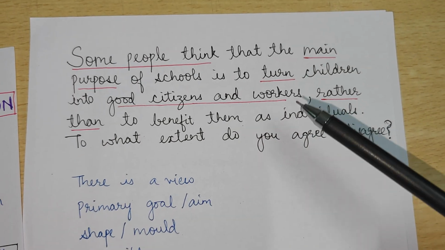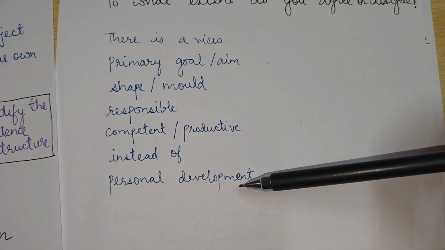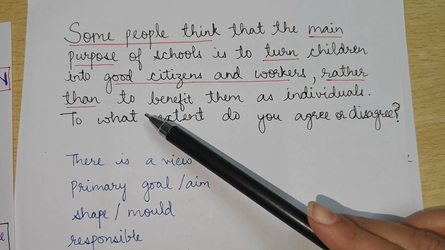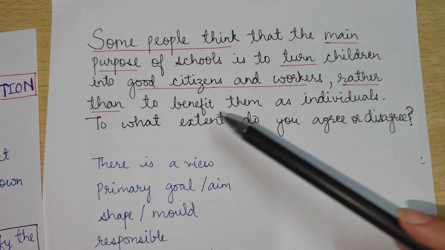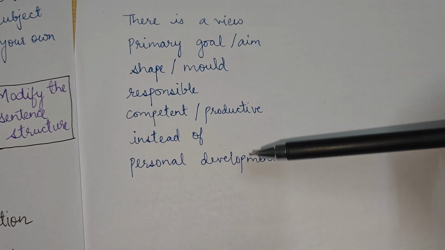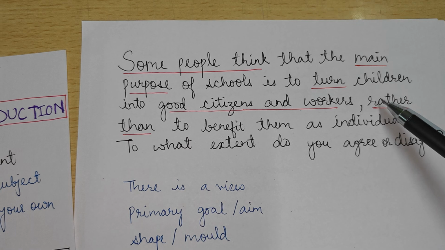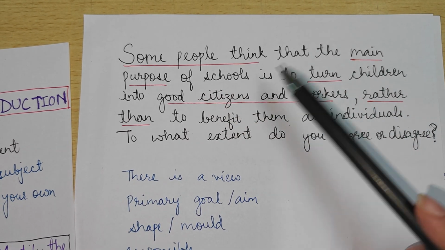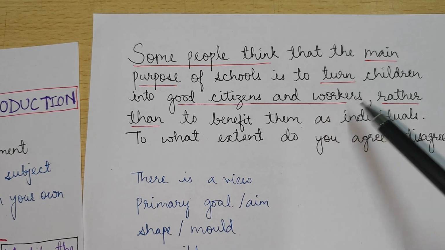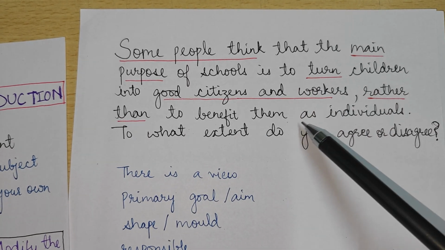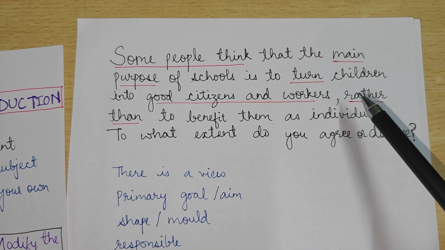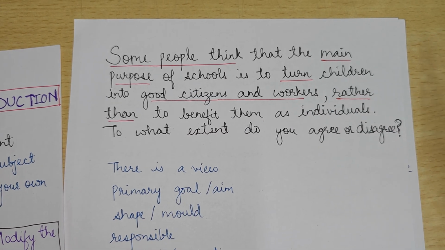So for this statement, you can use the word personal development and frame a new sentence, right? Rather than copying the same part. So we'll be using personal development and rewriting the sentence. So this part you can write like instead of, like there is a view that the dash dash, that instead of dash, the primary goal of school is to dash. So this is how you can write.